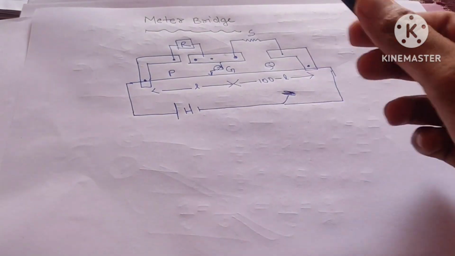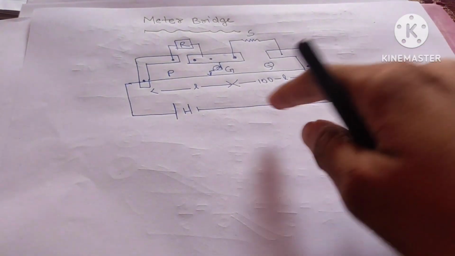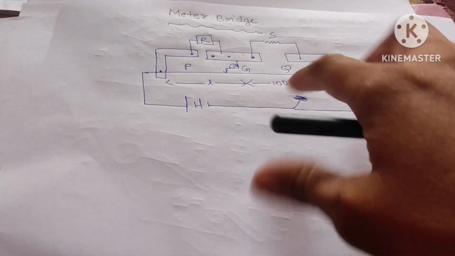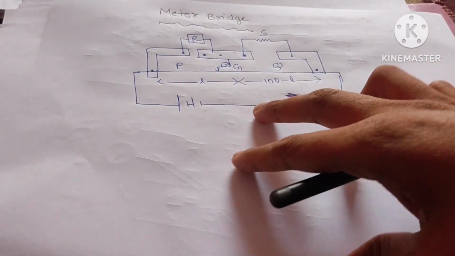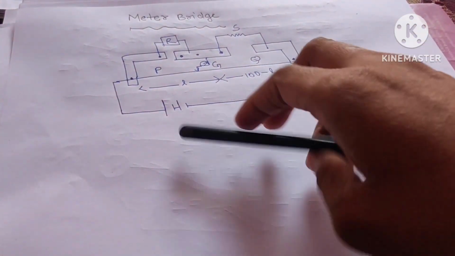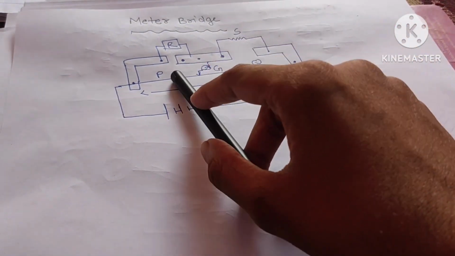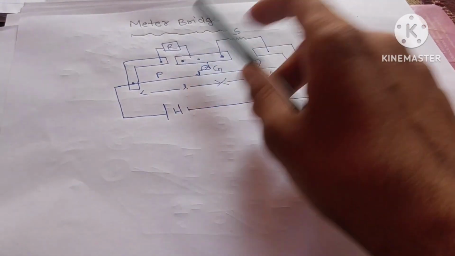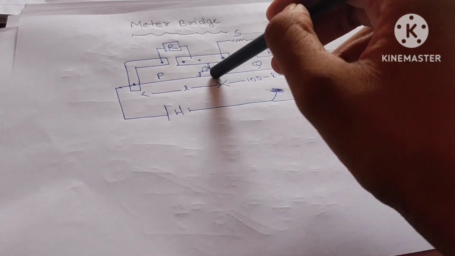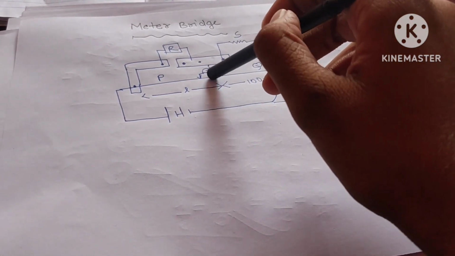Know the formula of meter bridge. Okay, and what's the condition applied here? So from the Wheatstone bridge we know that if the ratio of P by Q and R by S is equal, that means there is no current flowing through the middle.